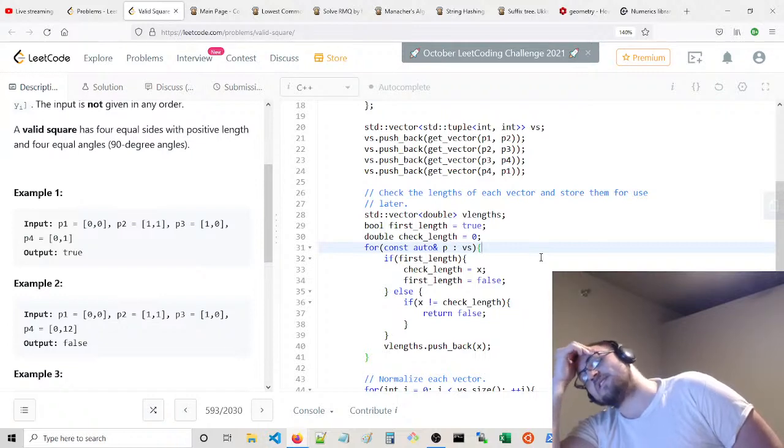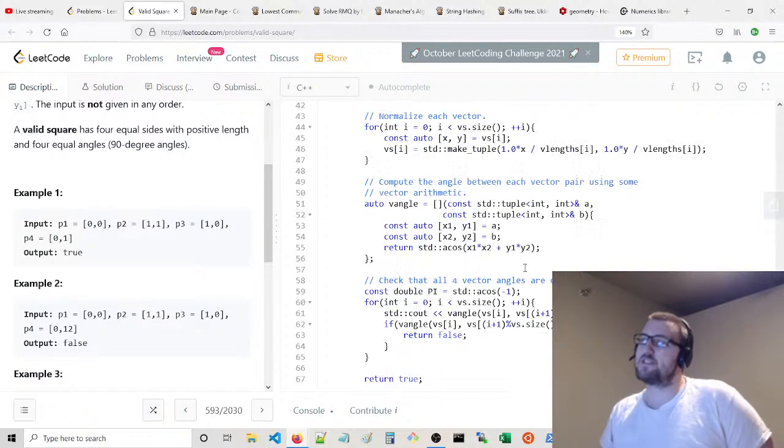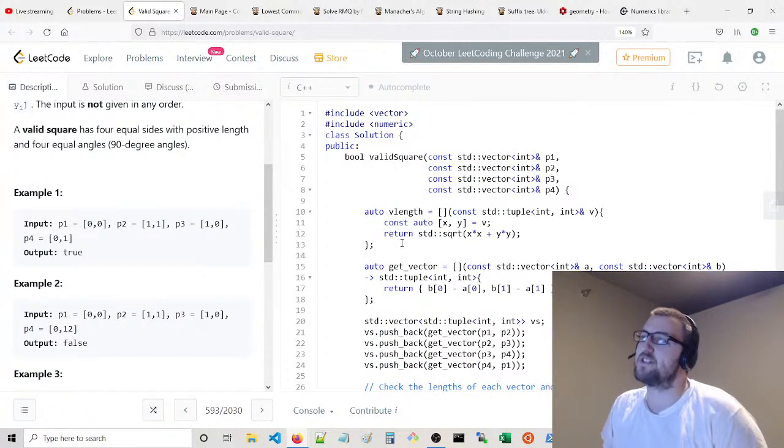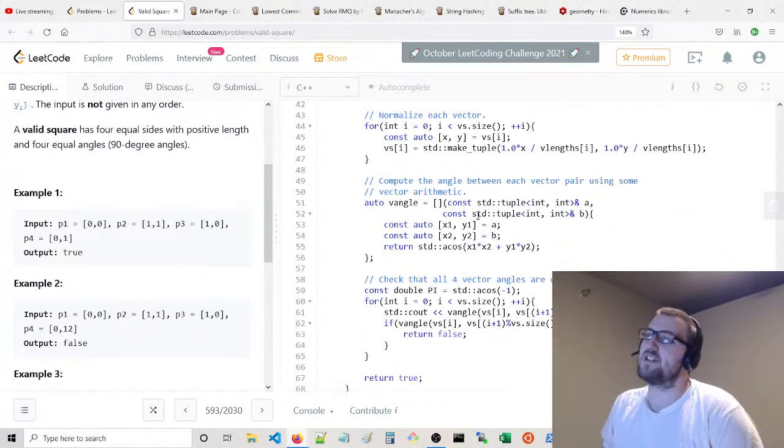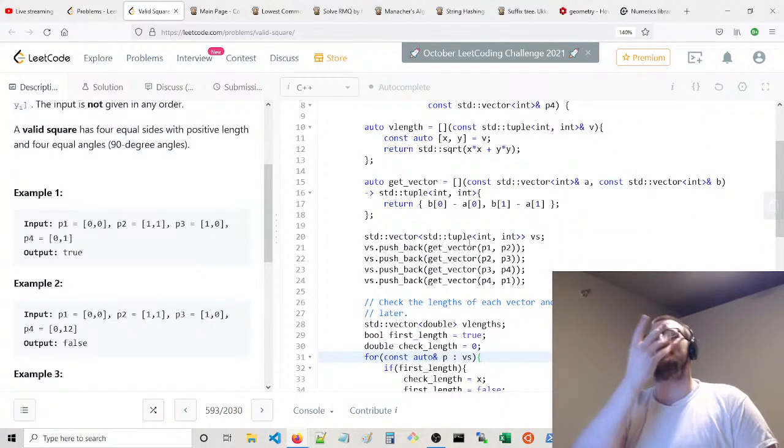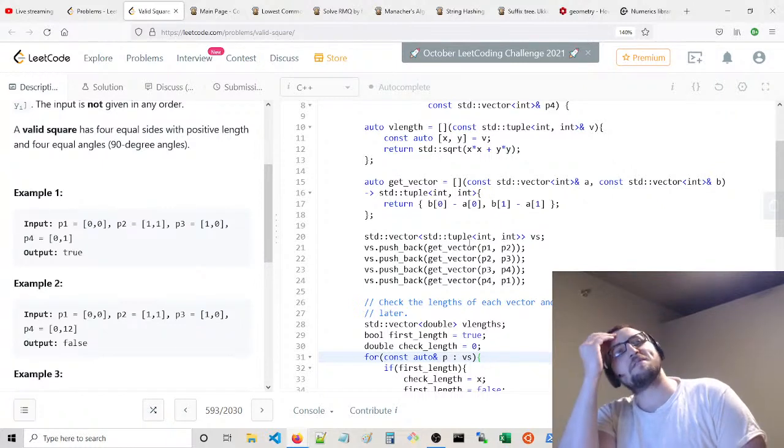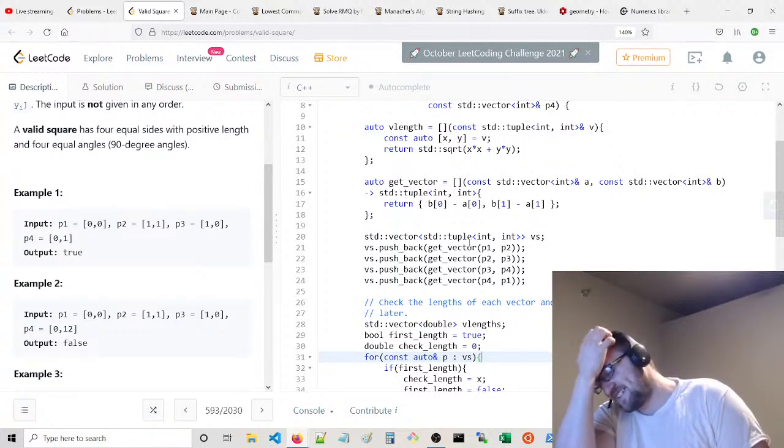Got to write this whole thing as a subroutine, and then use all 4 times 3 times 2, 24 different possible orders for these points. And if any of those performs a valid square, then we're in good shape.